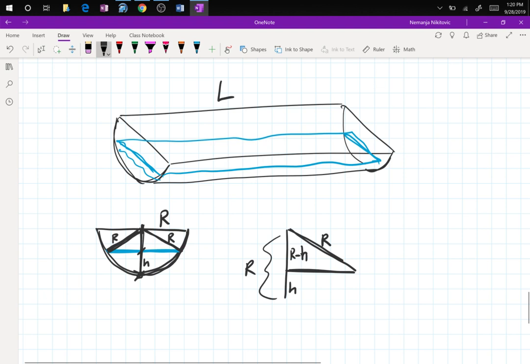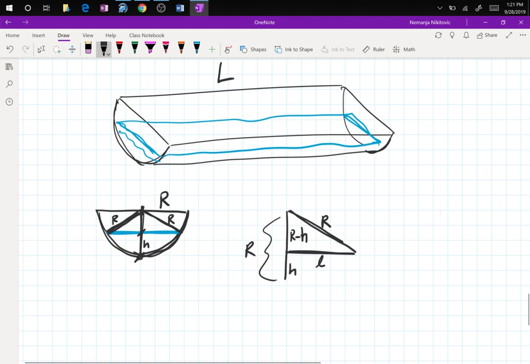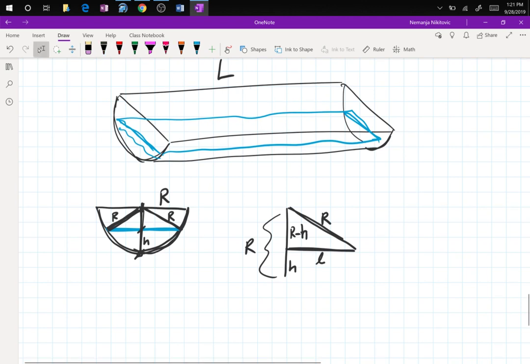And this is going to be the length that you need. Oh, you do need this length over here, so we'll call this lowercase l.